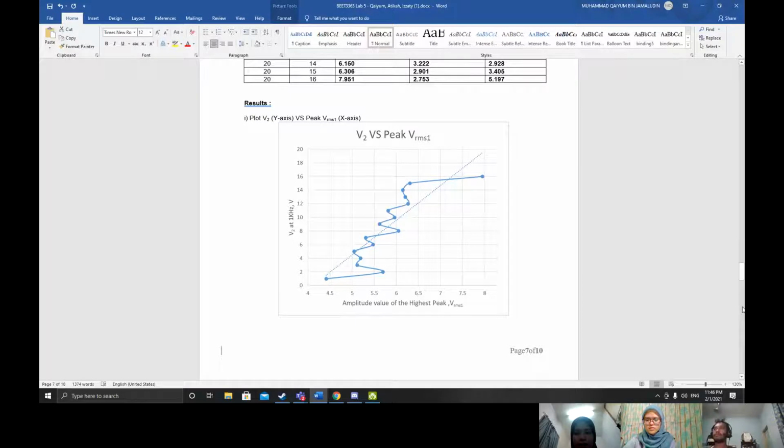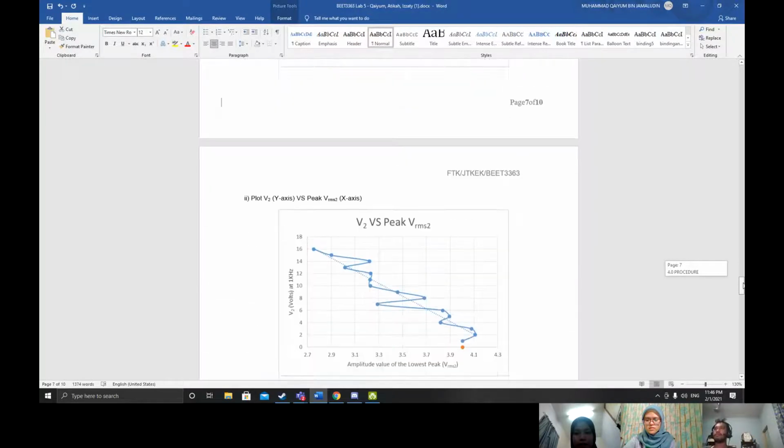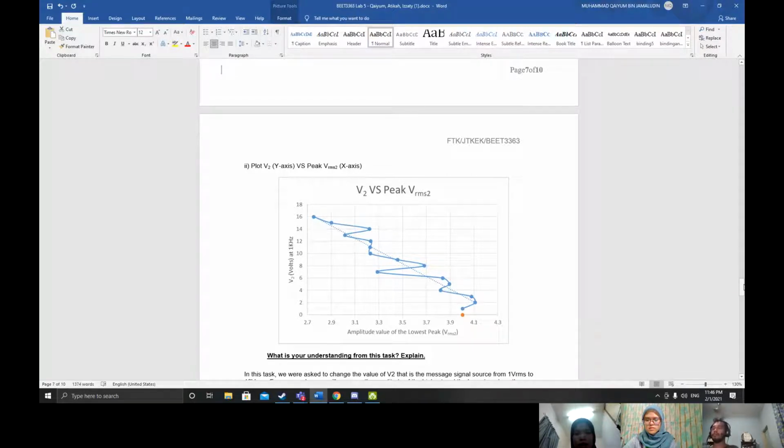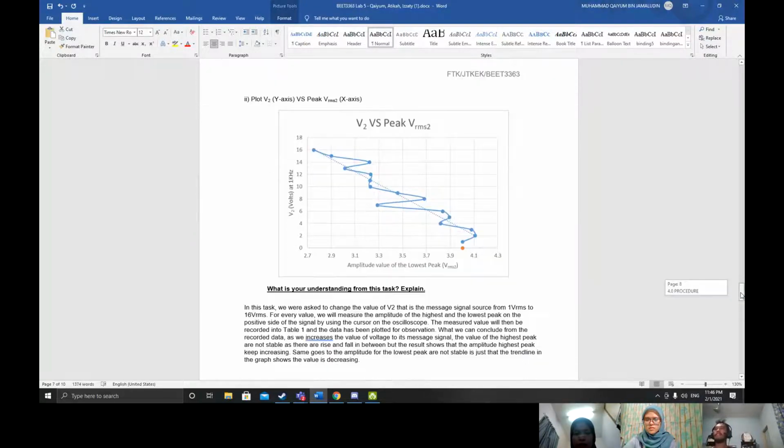We can see from the trend line, and for VRMS2, that is the lowest peak, it will decrease unstably when we increase the value of voltage.